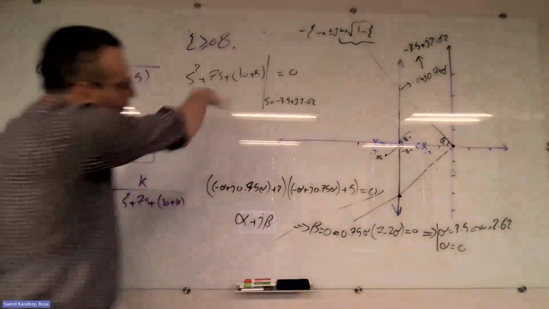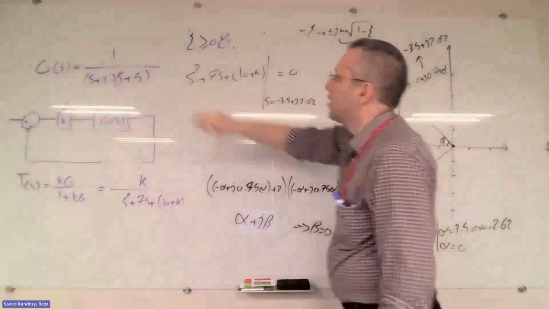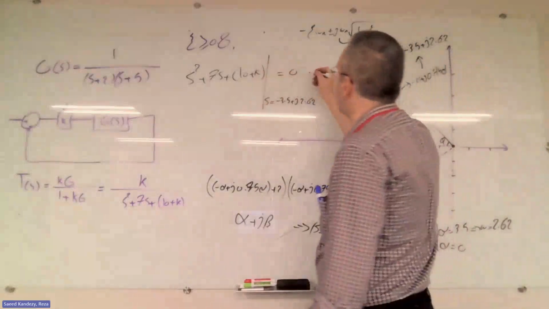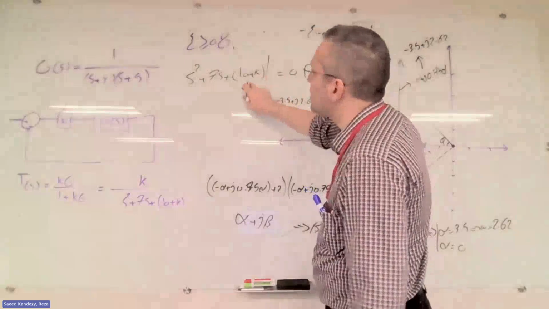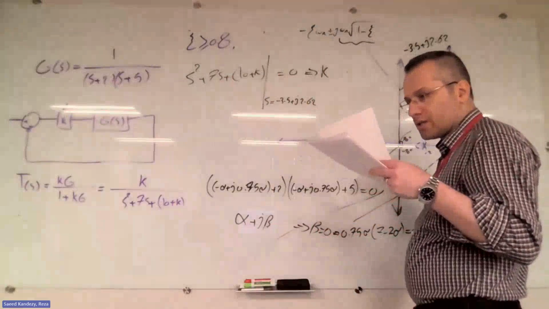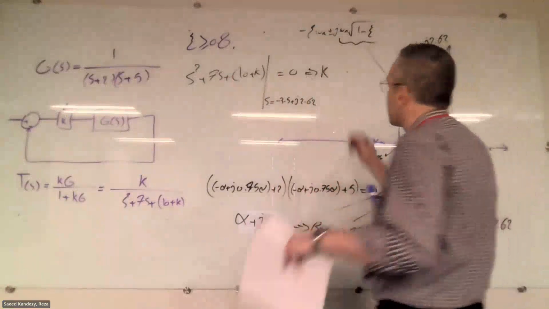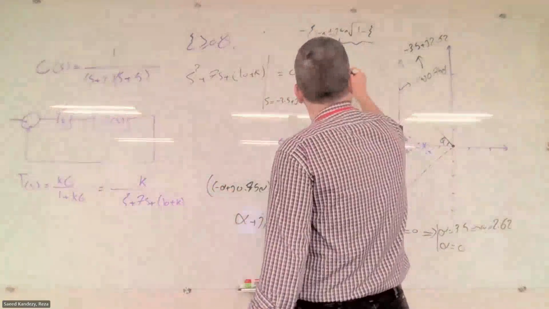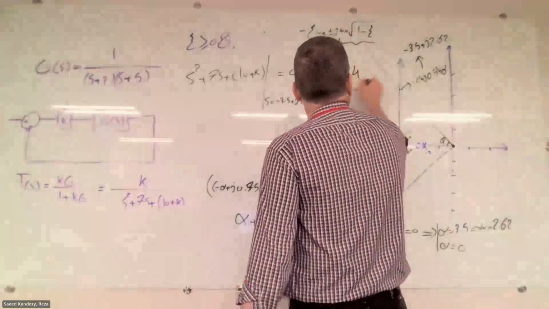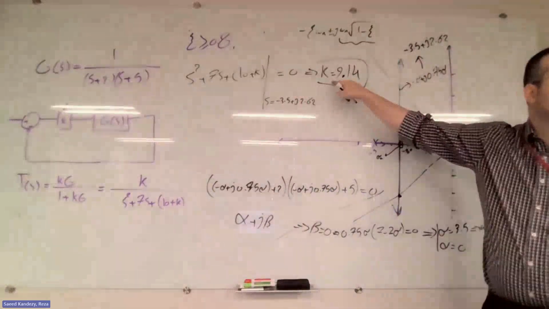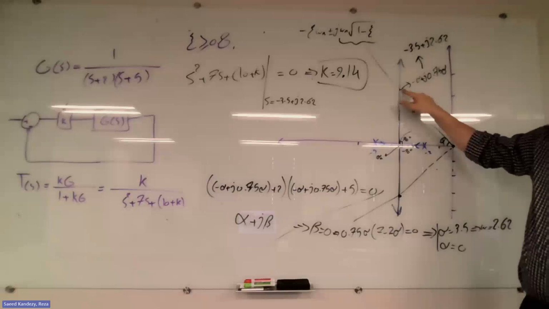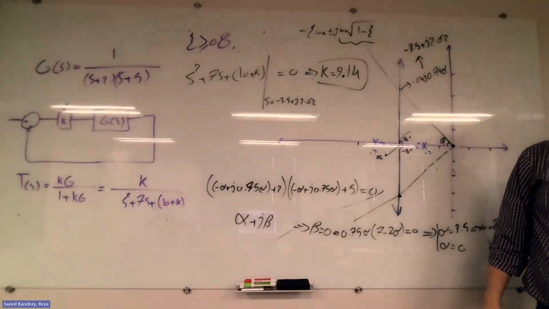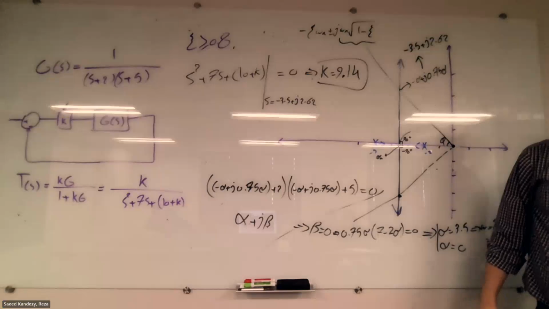We good? Yeah. Now, if you put the s here and do the mathematics, then you would find that the K that satisfies such a condition is 9.14. So with that K, I would end up having the damping coefficient of 0.8. Are we good?